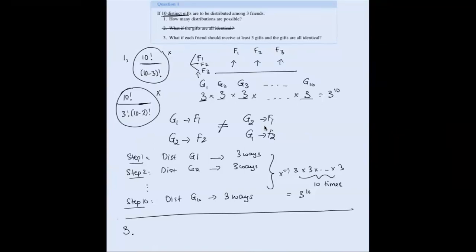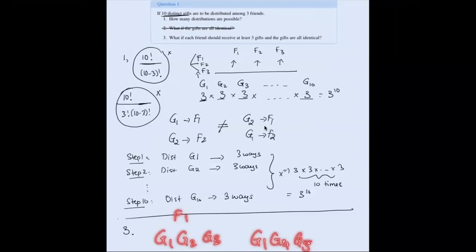We want to distribute 10 gifts, but we want to make sure that each friend should receive at least 3 gifts, and the gifts are identical. So when the gifts are identical, it makes our problem a bit easier because you don't need to care whether friend one is getting gift one, gift two, gift three, or gift one, gift four, gift five, something like that.